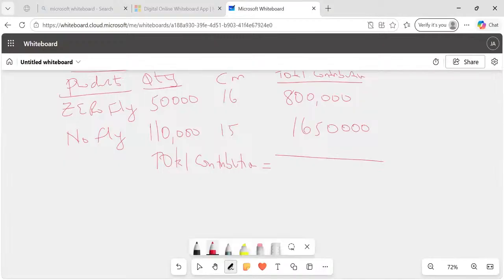How much do we have there as our total contribution? This is what so many students were getting right. 2,450,000. If you reach here, you are a pretty good student. Even if you don't get any other thing, once you reach here, you are a very good student. So come here and less fixed cost. Remember, fixed cost, whenever it is given on a per unit basis, you multiply it with the very original quantity given.